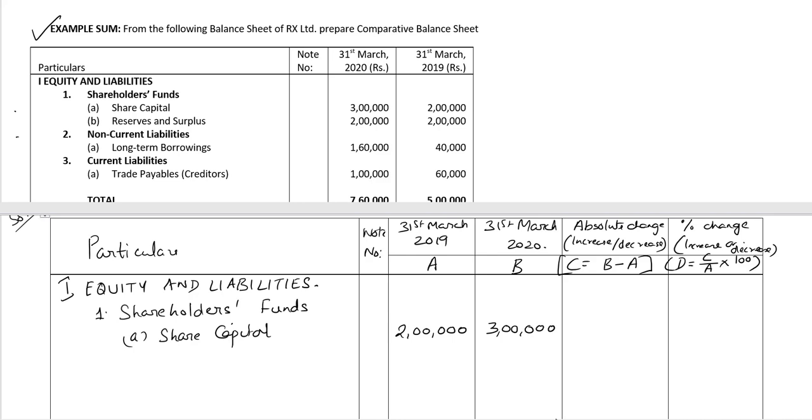Absolute change, increase or decrease, column C is B minus A, which comes up to rupees 1 lakh. And percentage change, we will use the right side of the top screen for calculations. Column D will be equal to 1 lakh divided by column A, 2 lakh multiplied by 100. This is equal to 50%.